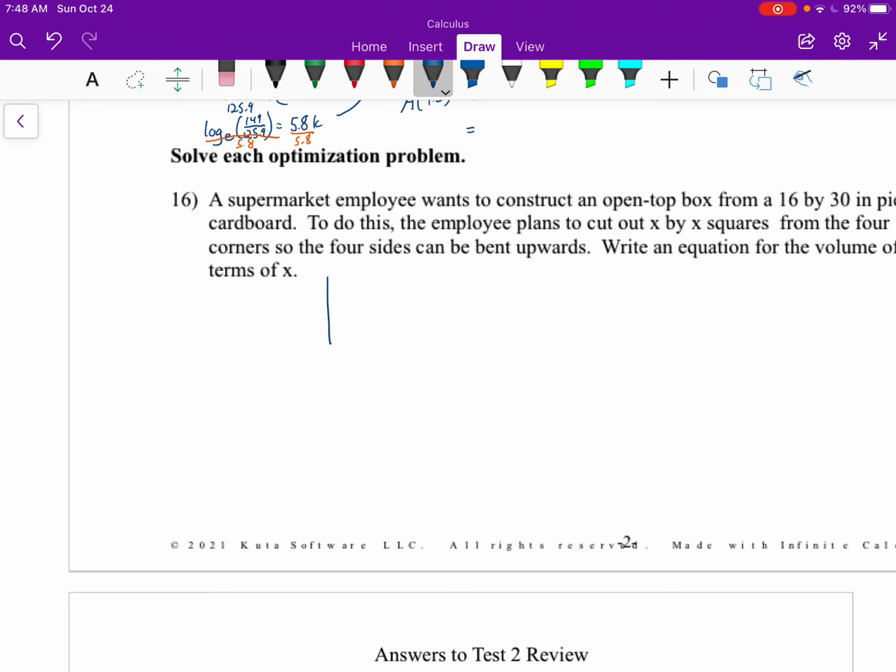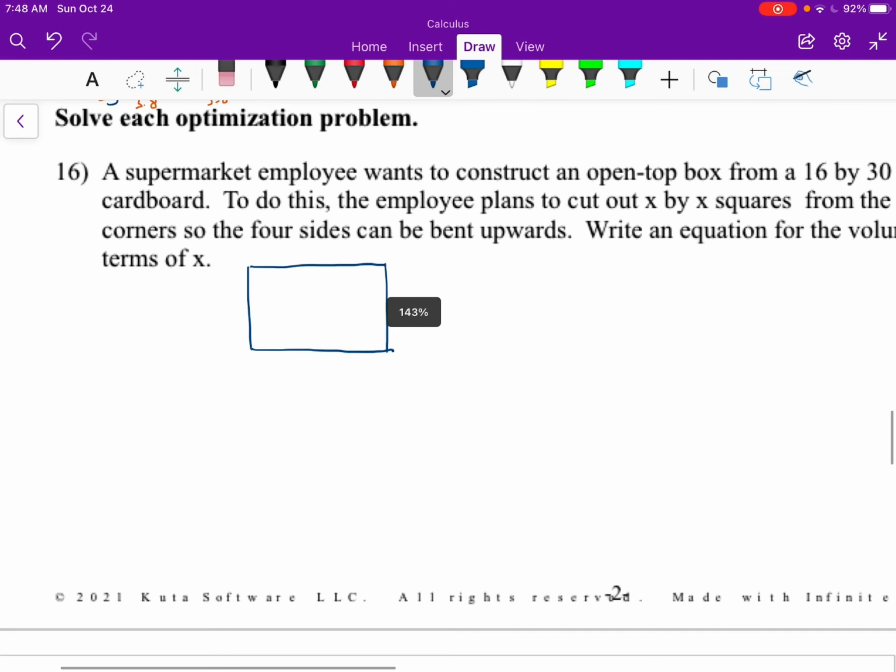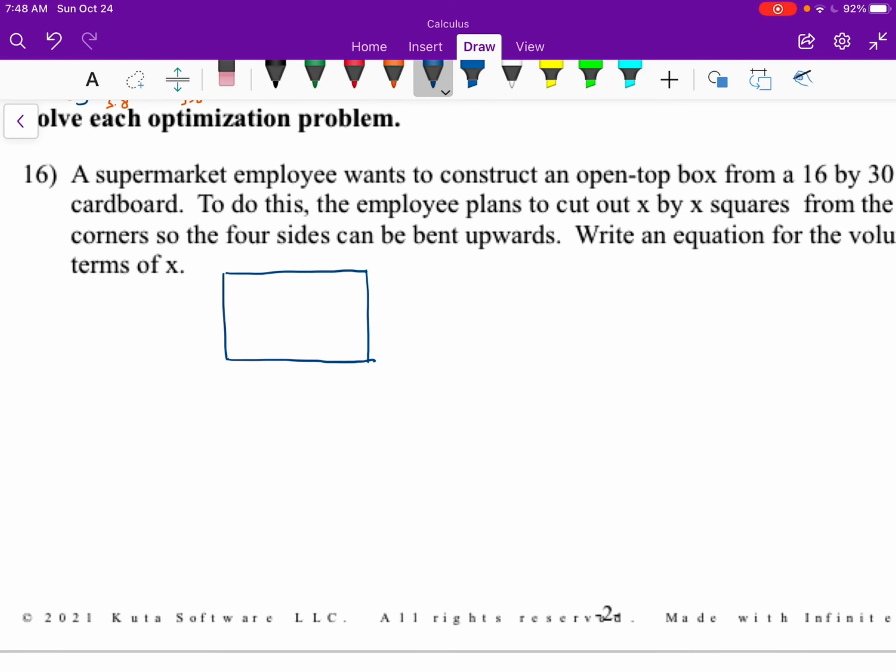We'll be seeing these many times, so eventually maybe you won't need a picture. But what's happening here, we have a 30 by 16, cutting out some squares. All these squares are the same size.